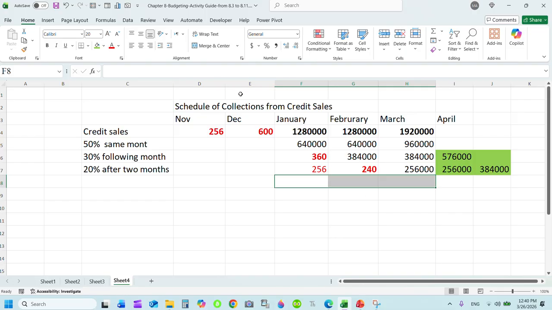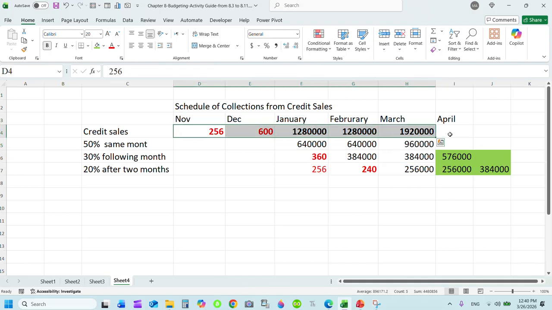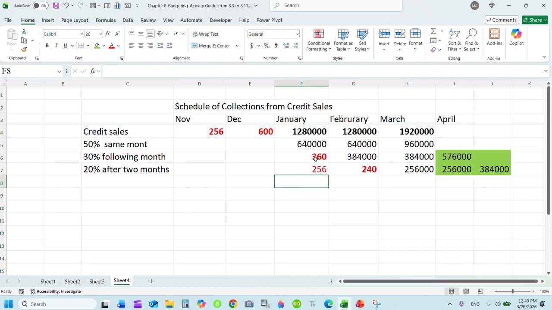Okay. So let's see cash collected during the month of January, February, and March from trade receivable, right? So these are the only cash collections. Don't take these big figures, you don't need to take these big figures, right?